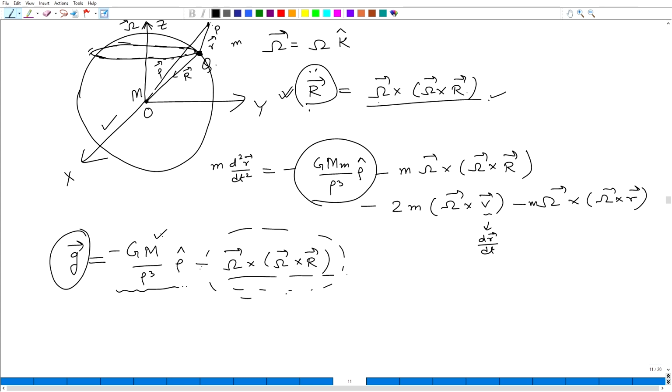So, you can think that this part can counterbalance, even partly, this part, and that is why this g will be your g effective.